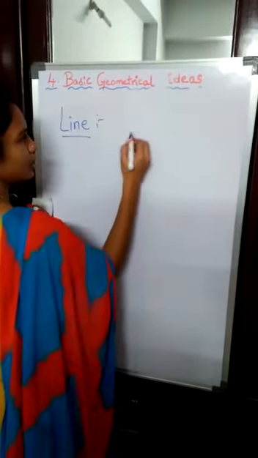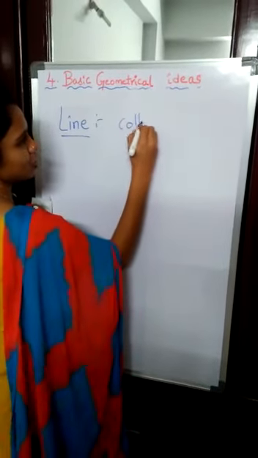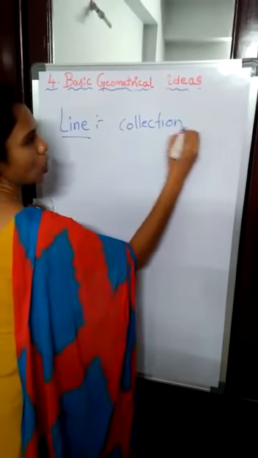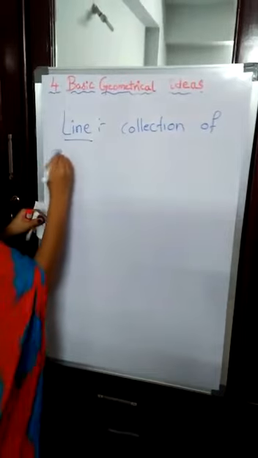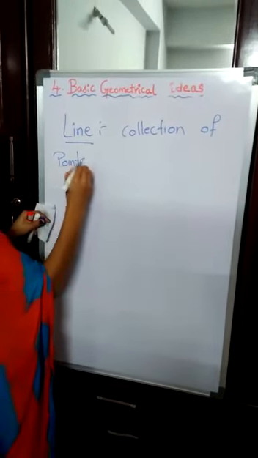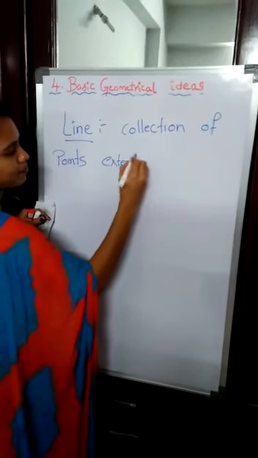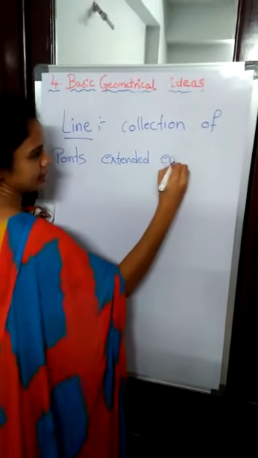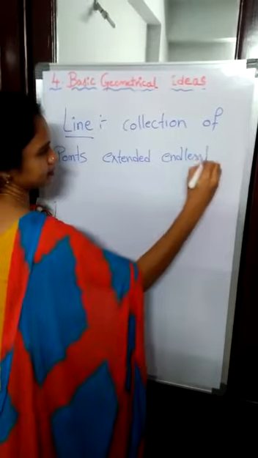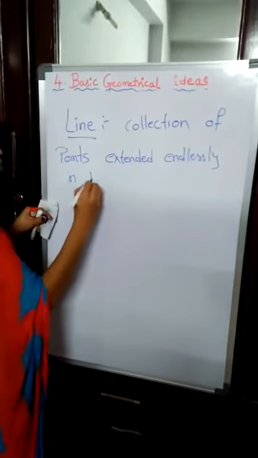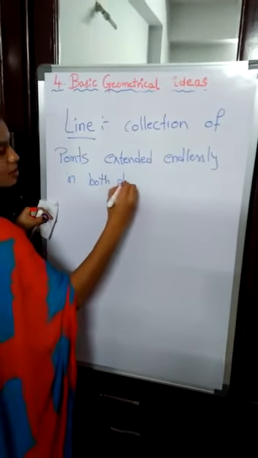So a line is a collection of points. Many points will be there. A line is a collection of points extended endlessly in both the directions.